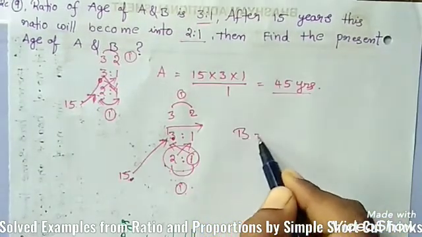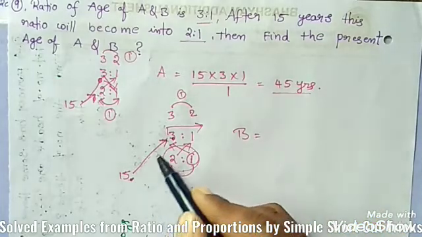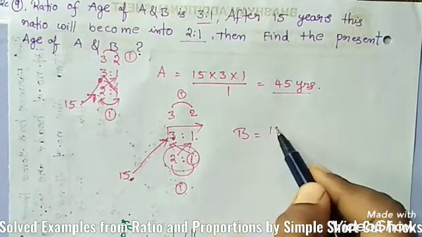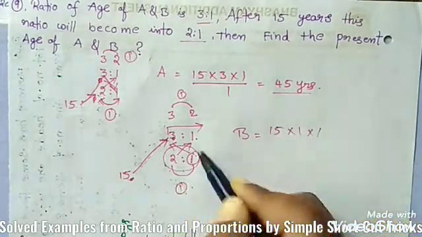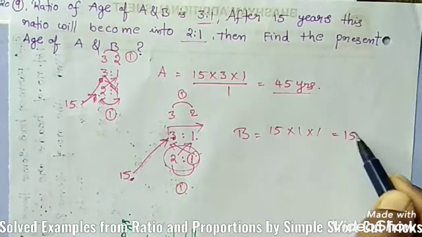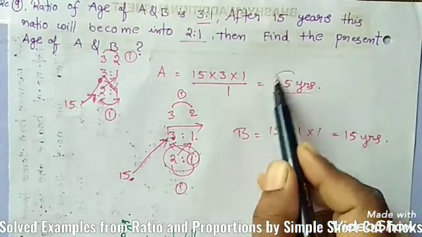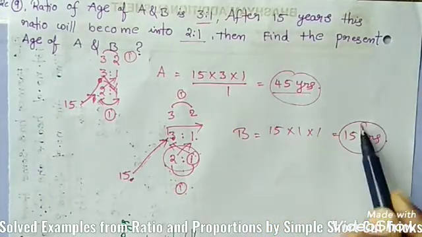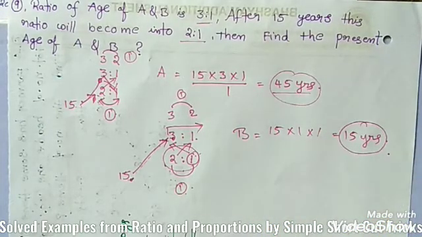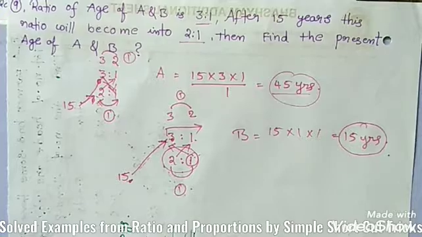B's age is 15 into 1 into 1, so 15 years. Their present ages: A's age is 45 and B's age is 15 years. This is the calculation. Let us see question number 10.